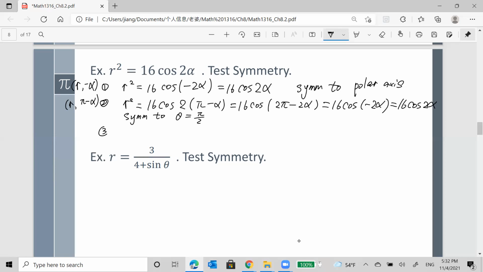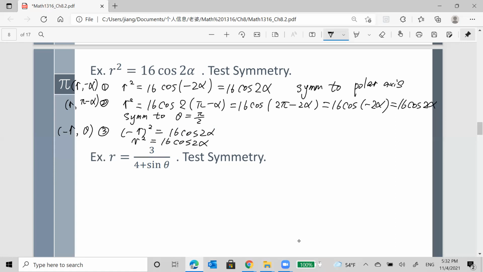The third one is symmetric to the pole. I can plug in negative r. So negative r squared equals 16 cosine 2 alpha. So negative r squared is still r squared equals 16 cosine 2 alpha.